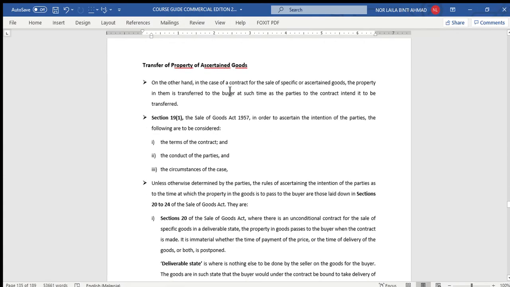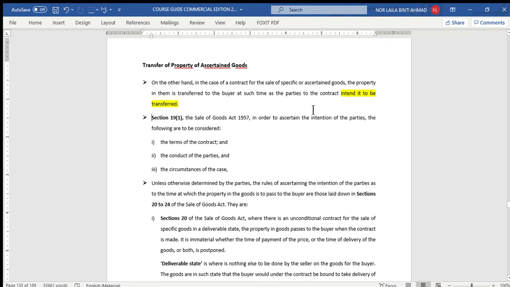Based on the second type of goods, known as ascertained goods, this is where there is a sale of specific or ascertained goods. You already determine the goods at the time you enter into the contract. So the property in them, meaning the ownership of the goods, is transferred to the buyer at such time as the parties to the contract intend it to be transferred, meaning it is based on the intention of the parties.